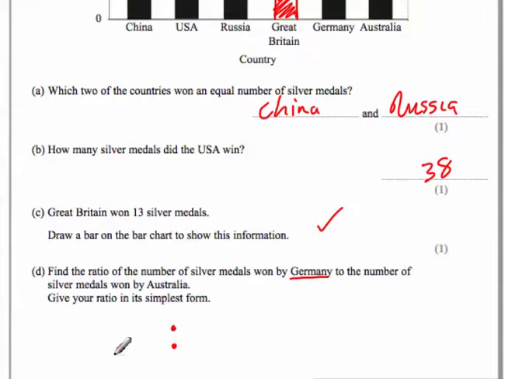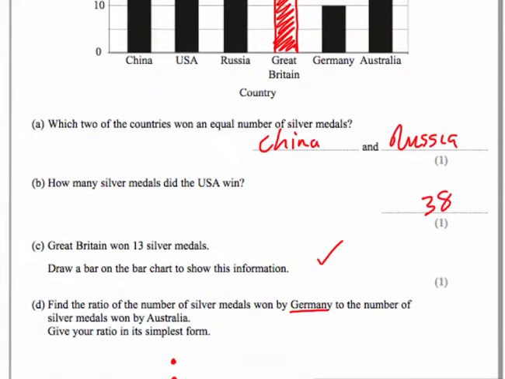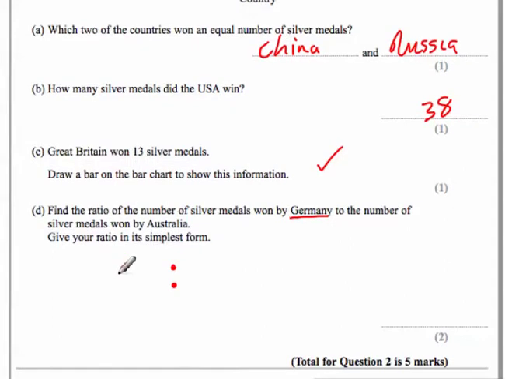And on this side, we're going to have the number of silver medals won by Australia. So let's just have a look. Germany is 10 medals, and Australia is 15 medals. So we've got 10 and 15.